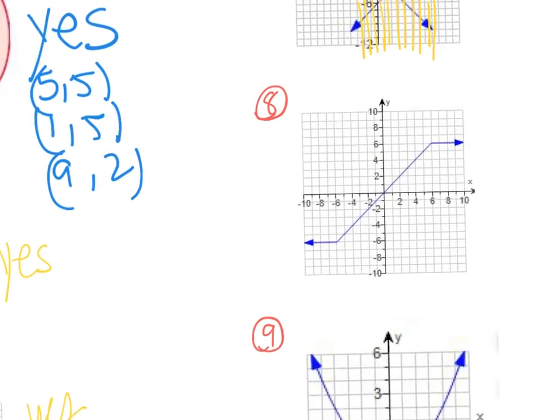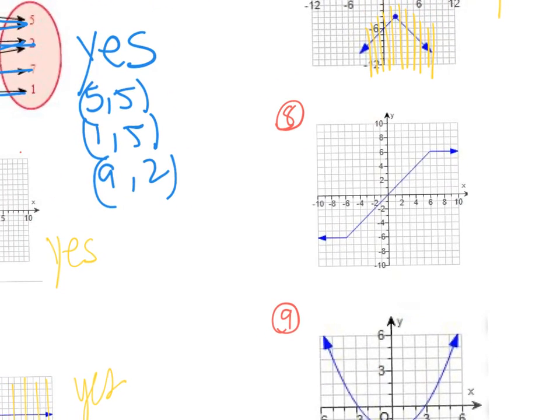Let's look at number 8. If we take our vertical line and run it through, it is going to intersect just 1 point at any one time. And so therefore, yes, it is a function.